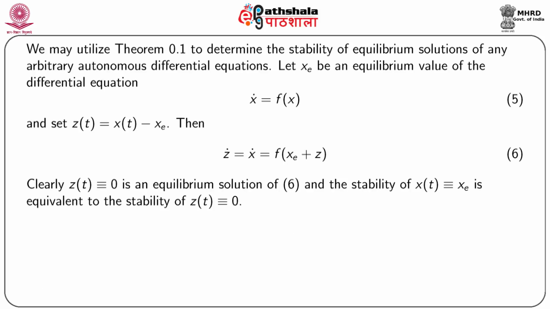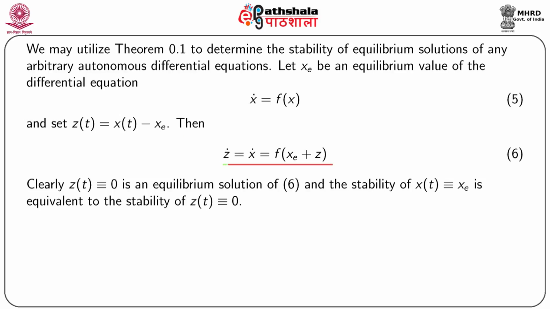Theorem 0.1 is also useful in determining the stability of equilibrium solutions of arbitrary autonomous differential equations. Let x0 be an equilibrium value of the differential equation x dot equal to f(x), given by equation 5, and we set z(t) equal to x(t) minus x0.